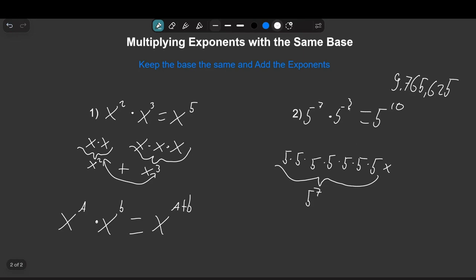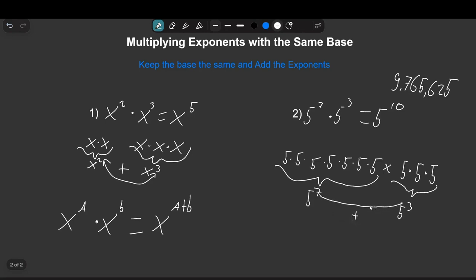Now we times this by 5 to the power of 3. This is 5 times 5 times 5. So this is our 5 to the power of 3. Now we have to add these two together.